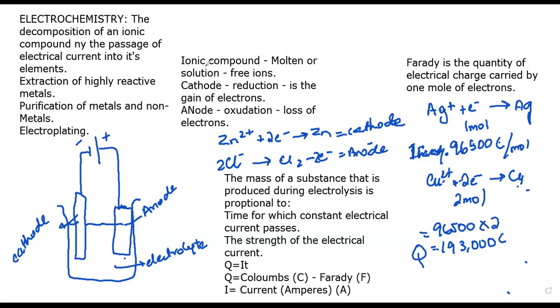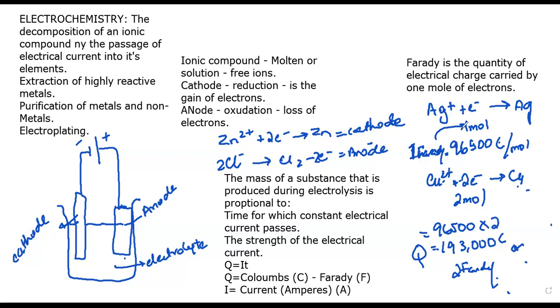So I will need either 193,000 coulombs or 2 Faraday. 1 Faraday is for 1 mole, so the amount I need for 2 moles is going to be 2 Faraday. So either you can give your answer as 2 Faraday, or in terms of coulombs, 2 multiplied by 96,500.